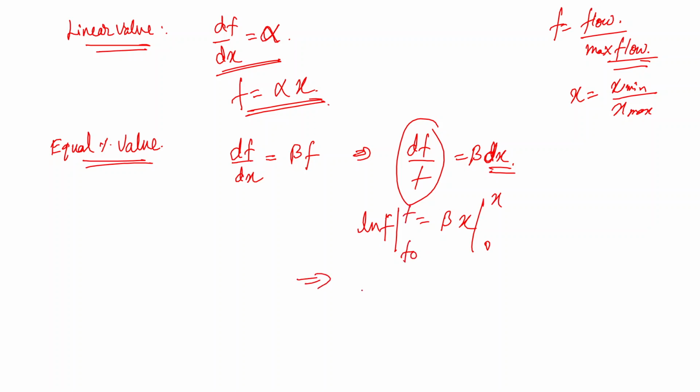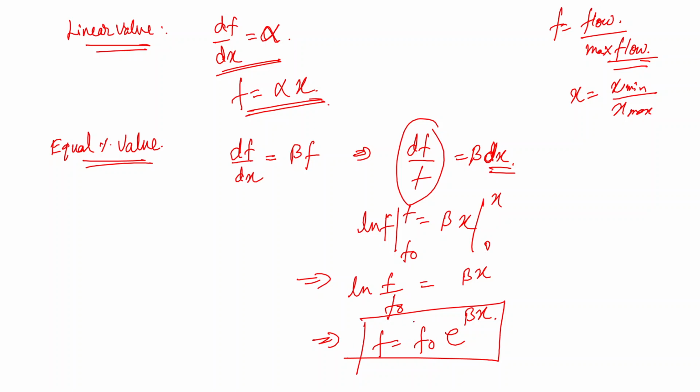So we can write this as ln of f upon f naught is equal to beta x. From here we get f is equal to f naught e raised to beta x. This is one characteristic curve of the equal percentage valve.